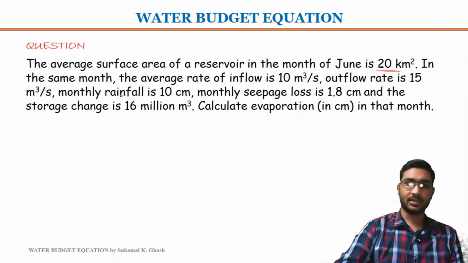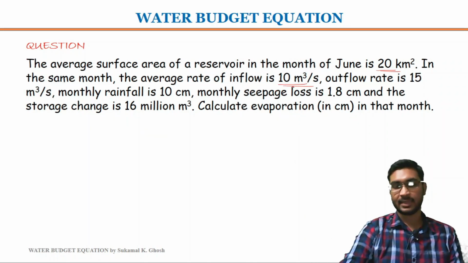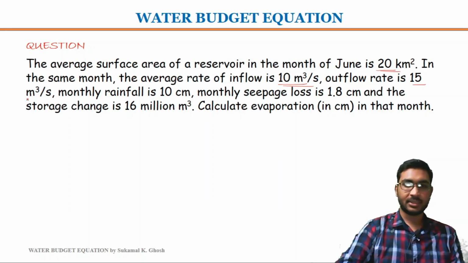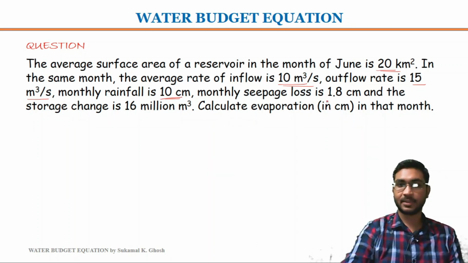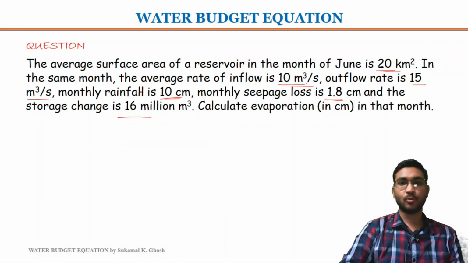In the same month, the average rate of inflow is 10 meter cube per second, the outflow rate is 15 meter cube per second, the monthly rainfall is 10 centimeter, and the monthly seepage loss is 1.8 centimeter. The storage change is 16 million meter cube. Calculate the evaporation in that particular month.